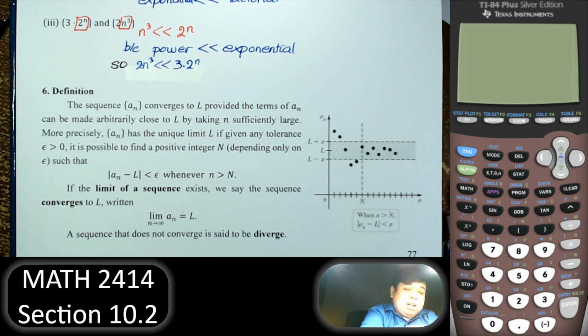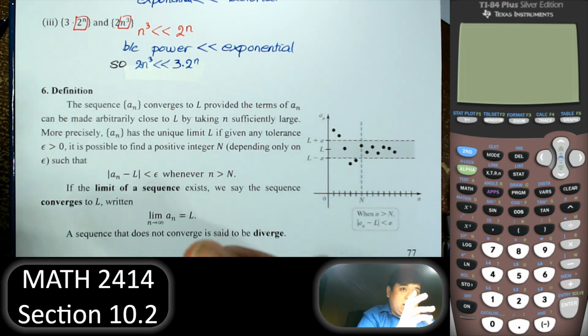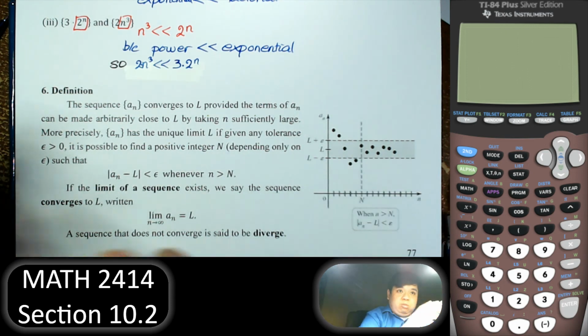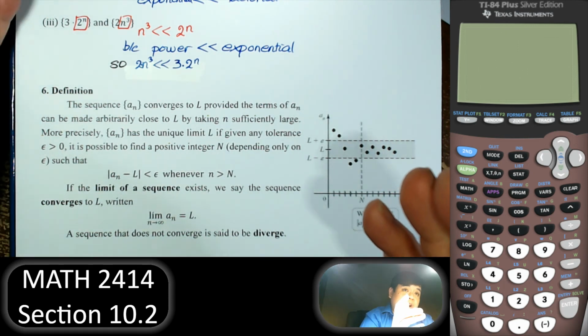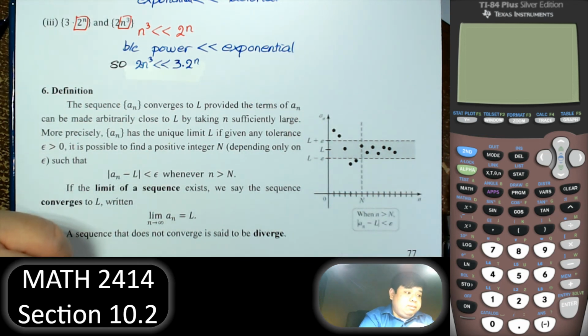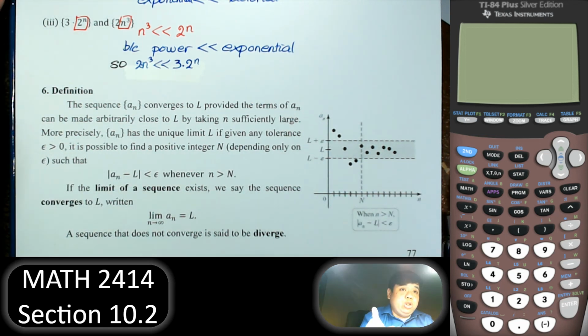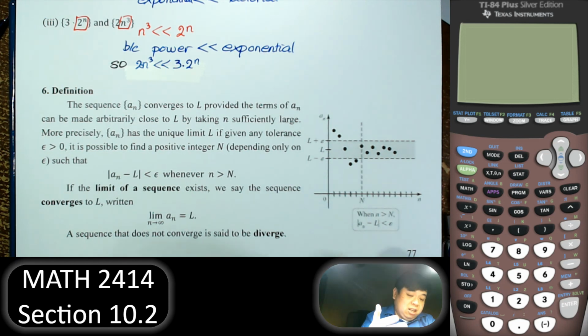So instead of using epsilon and delta as in the definition of the limit of a function, for a sequence we're not talking about the domain of x, it's not real numbers anymore, so we're not going to use delta. And when we say limit of a sequence, we mean when n goes to infinity. So the limit of a sequence is the limit at infinity.